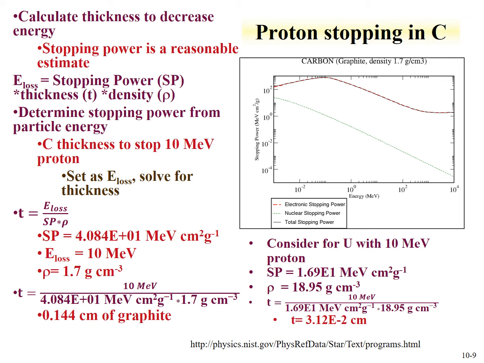So I put this into the equation, 10 MeV divided by the stopping power times the density, and I see that I need a lot less uranium to stop this proton than carbon. This is why shielding is often dense material, and that really has to do with the number of electrons that are available to interact with the particle.